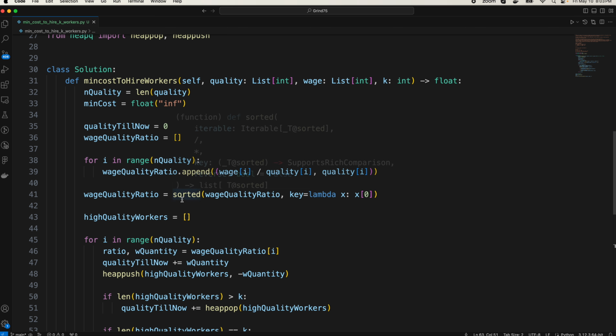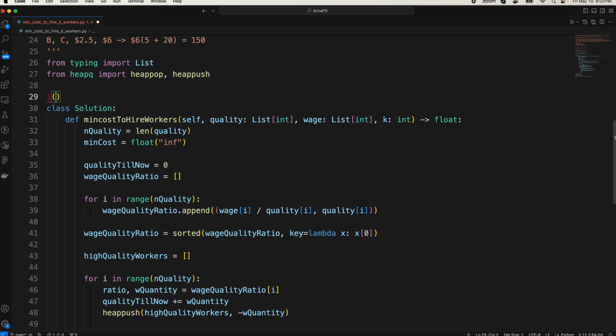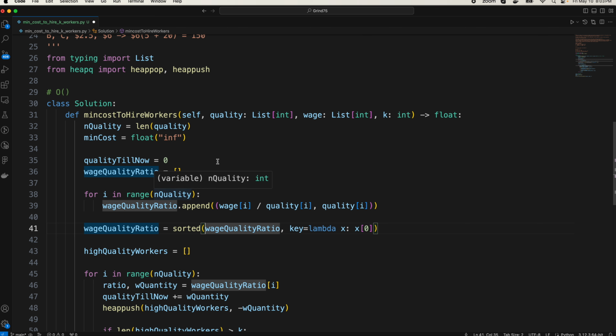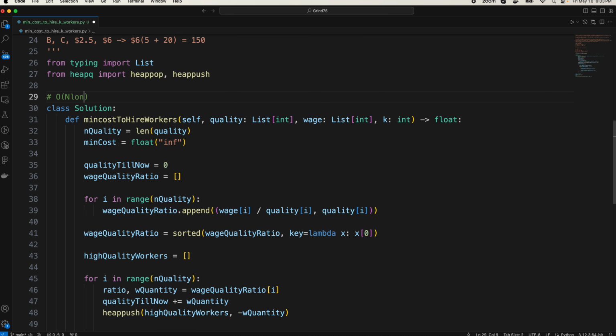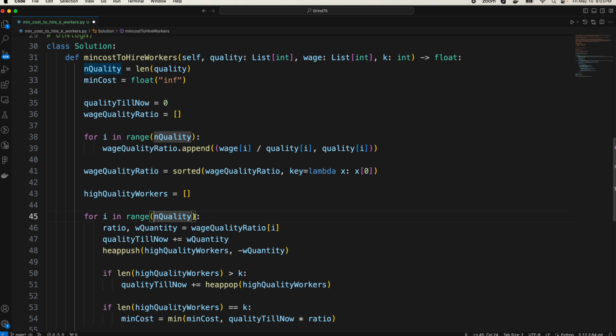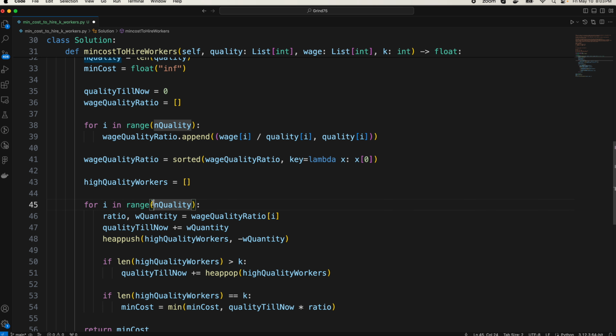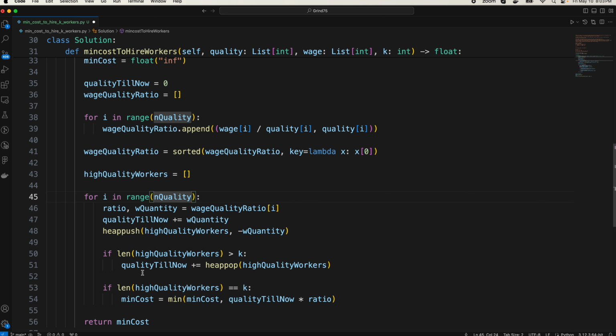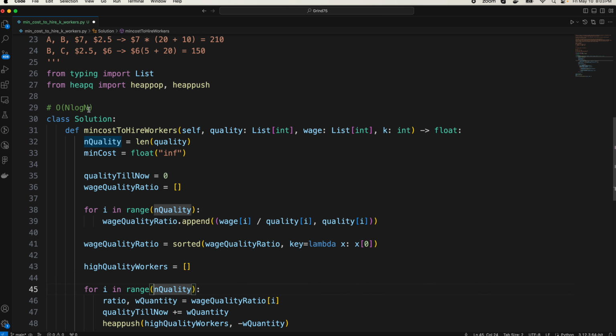Let's talk about the time complexity and space complexity. So the time complexity for this algorithm would be, we are doing sorting for the list, that means we are doing n log n here, and then also for each worker we are pushing onto the heap, that means also doing n log k.